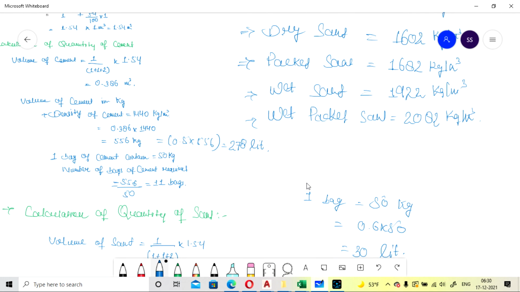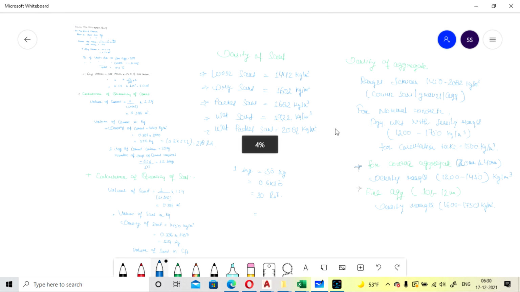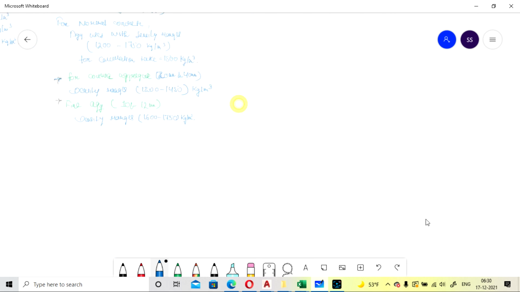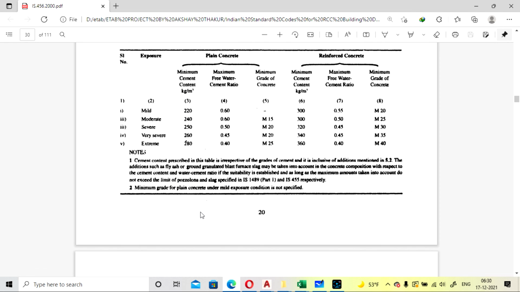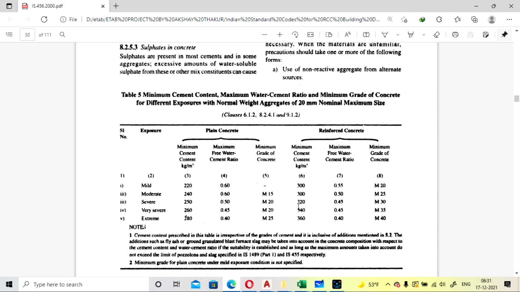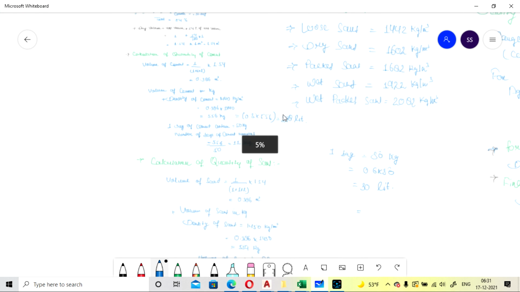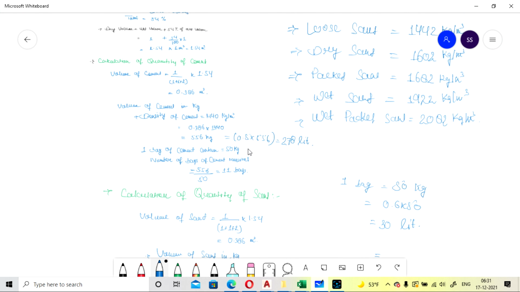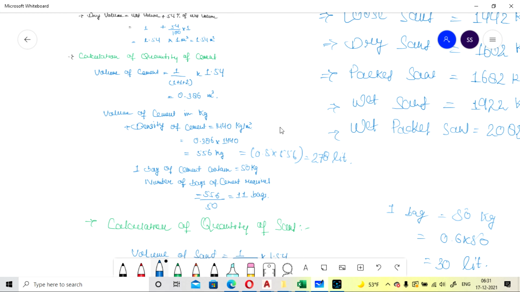Okay, so if you have any confusion you can comment. Okay, I've already told you how it is taken, and from the IS code we also verified our minimum requirements and water cement ratio. Okay, so for the water cement ratio for M20 grade of concrete, what you have to do, you have to multiply it, sorry, for M25 grade of concrete you have to multiply it by 0.5.